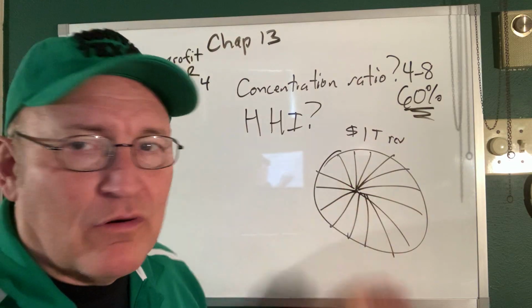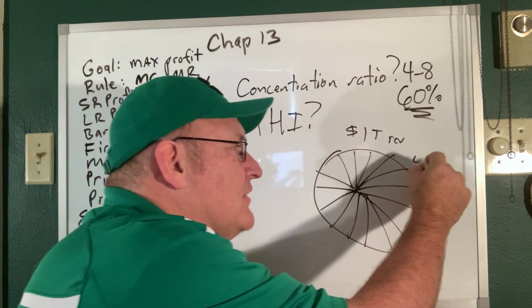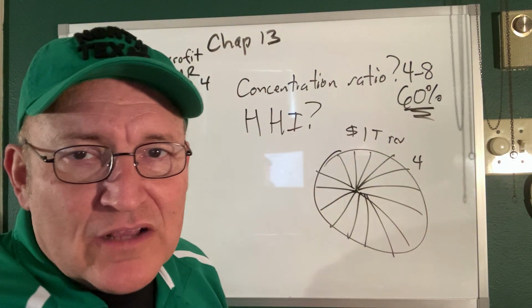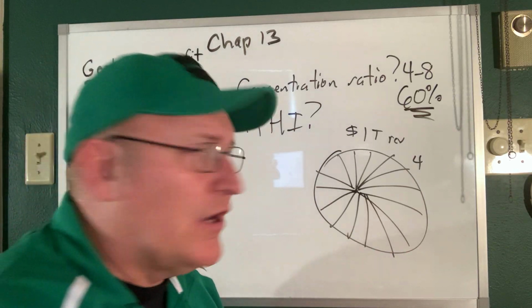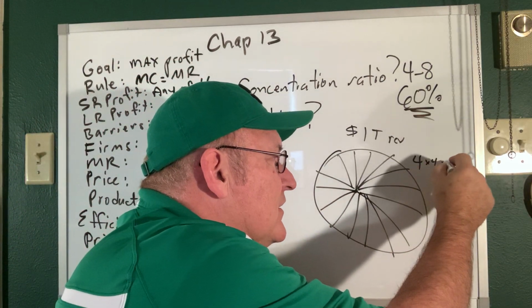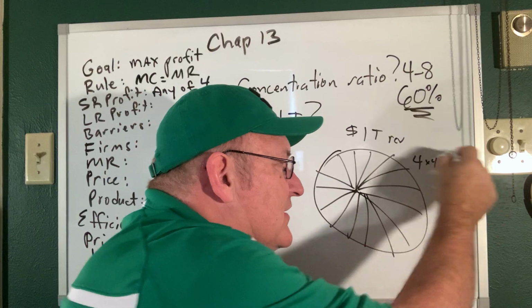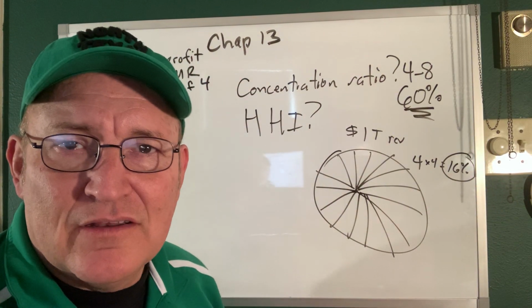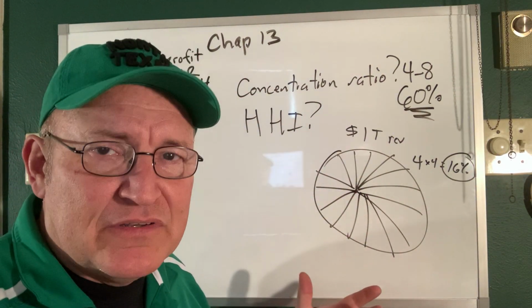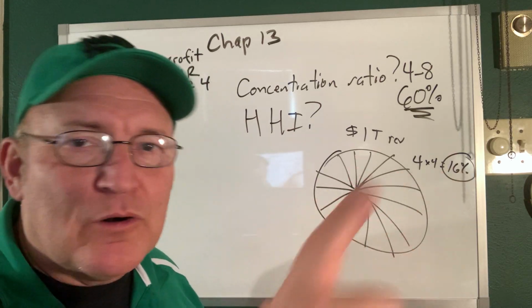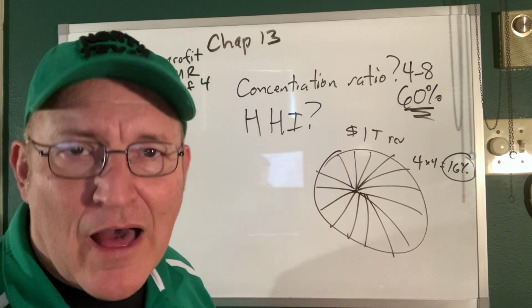Then the top 4 firms, roughly 4% of the market share each, 4 times 4 is about 16%. So that's not very concentrated. In other words, there's plenty of competition. There's no dominant firms that sort of control that market.